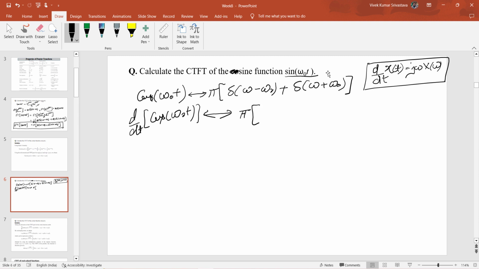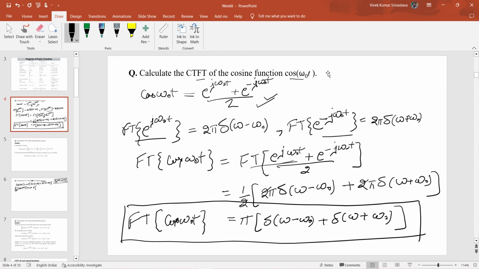Once you evaluate this side, this will be multiplied by j omega. But one more thing we have to consider is the sign of the phase.